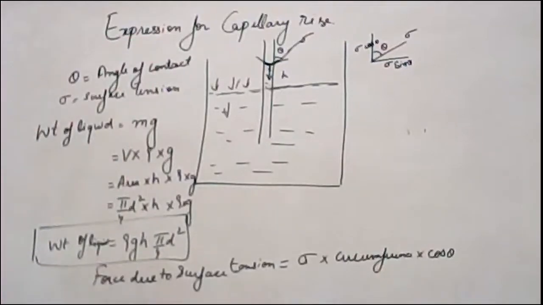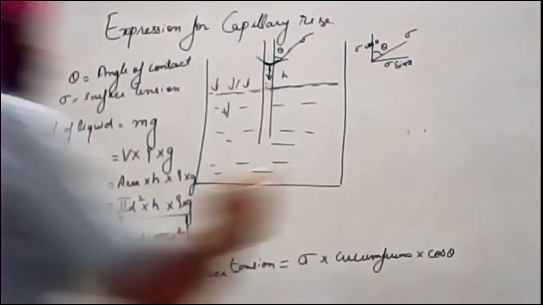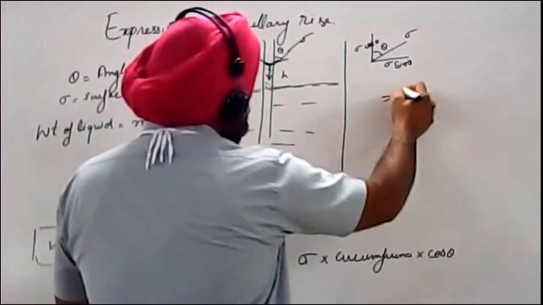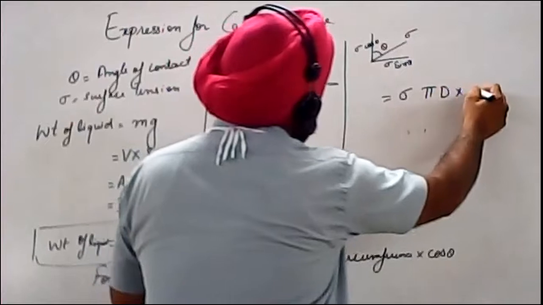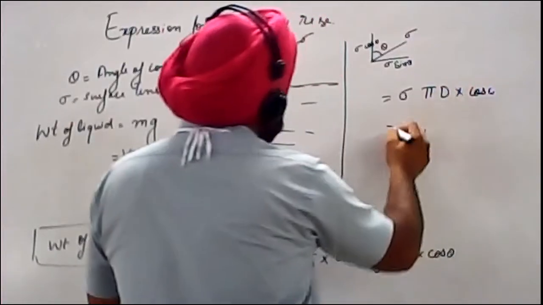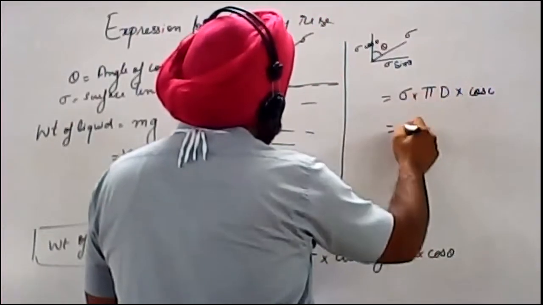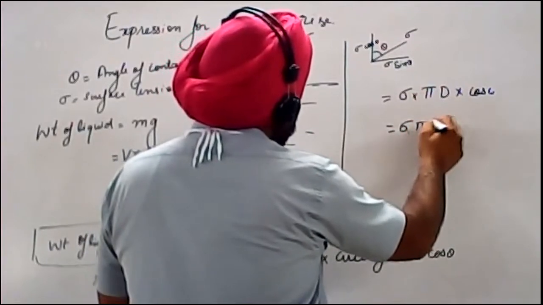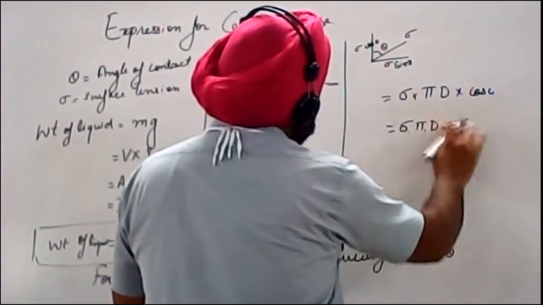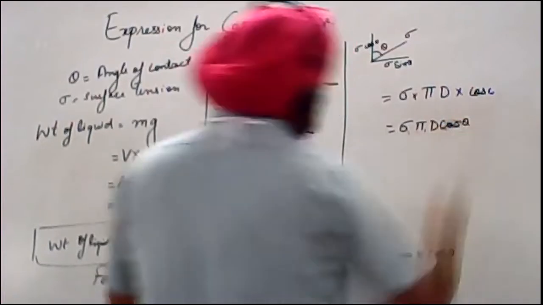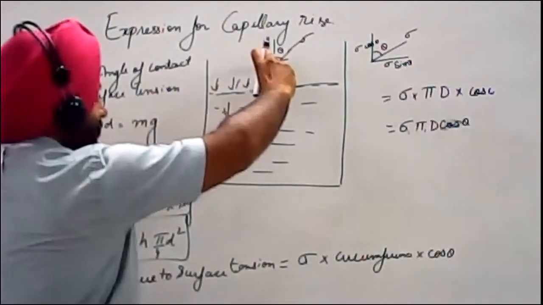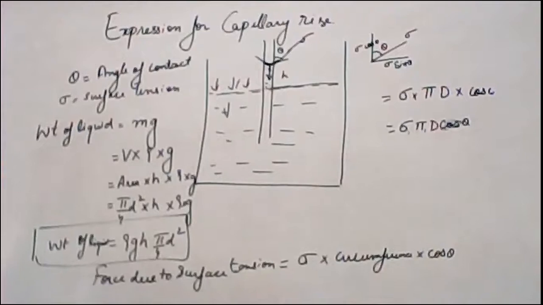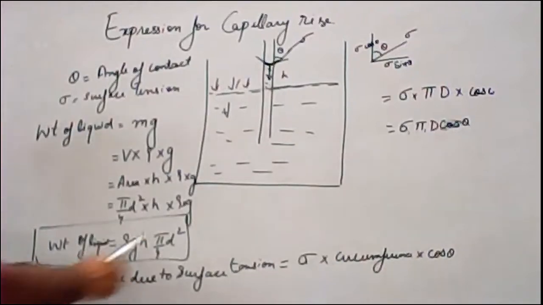Now the value of circumference will be pi d, so the force is sigma into pi d into cos theta. Now we are to calculate the height up to which that liquid has risen in the capillary tube. You can compare these two values.